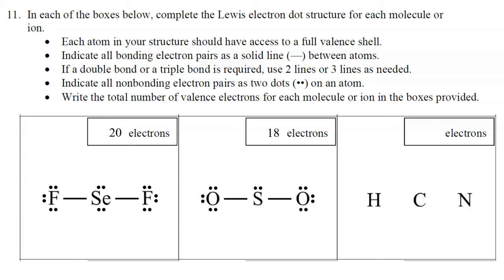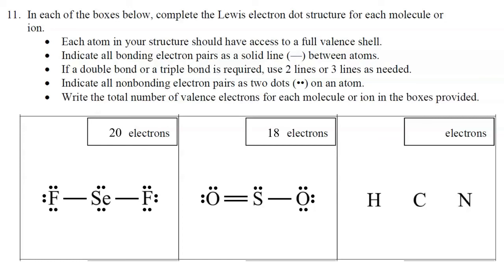Take electrons off the oxygen, because if you move electrons from the sulfur to make a double bond, you still won't have a complete octet, and then you'll give the oxygen more than an octet. So I'm going to choose to take a pair of electrons off of the oxygen on the left. And once I do that and move that pair of electrons to create a double bond, this is what I get. So there is an octet for each of these 3 atoms. So that structure is now complete.